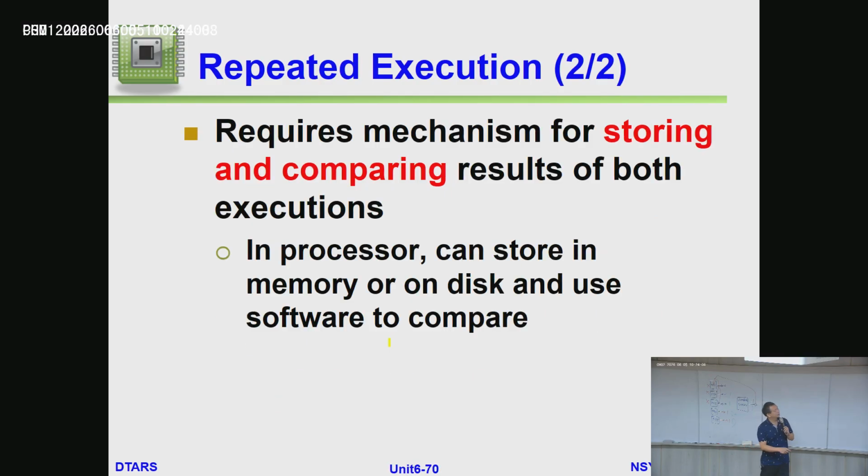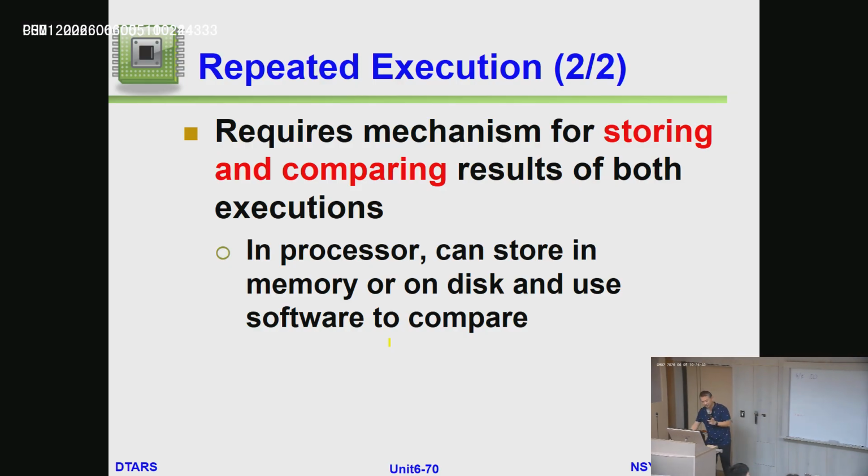Okay, so for this method, we need to have some mechanism to store and compare the results of both executions. In order to solve this, in a CPU, we can store this good result, the checkpoint, in the memory or disk and use software to compare. So again, we don't need additional hardware.